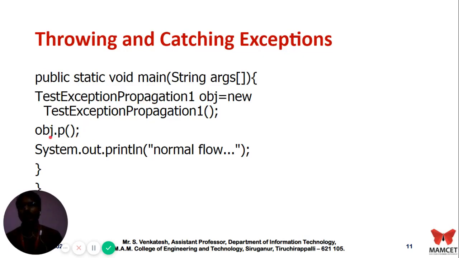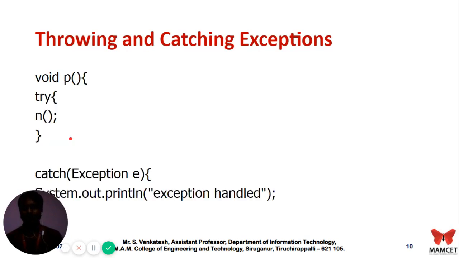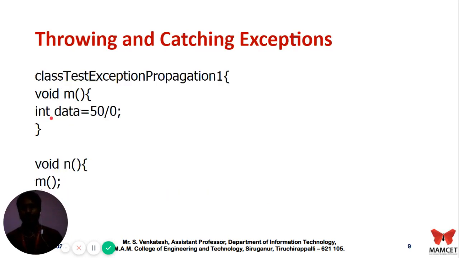So this object for this class contains a method named the p method. So p method means go here. It contains try. So you are trying n method. So go to n method.